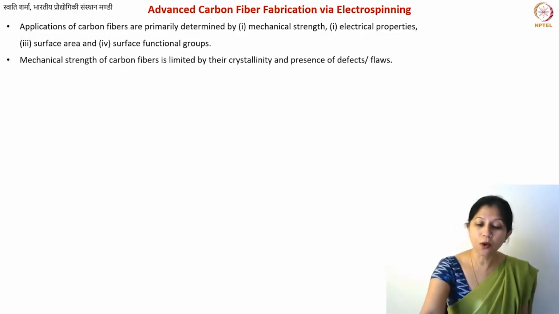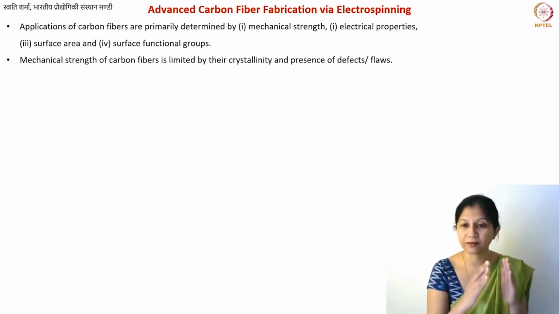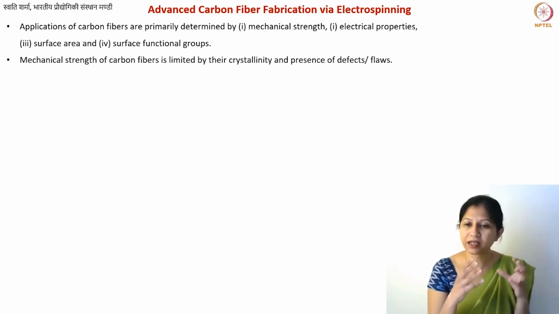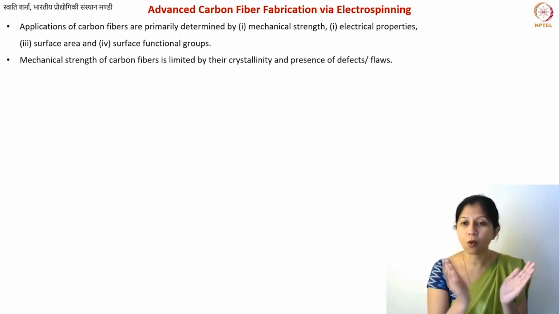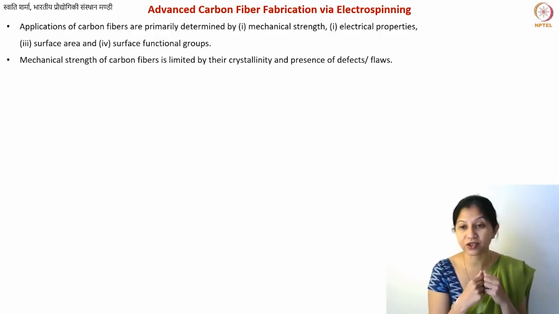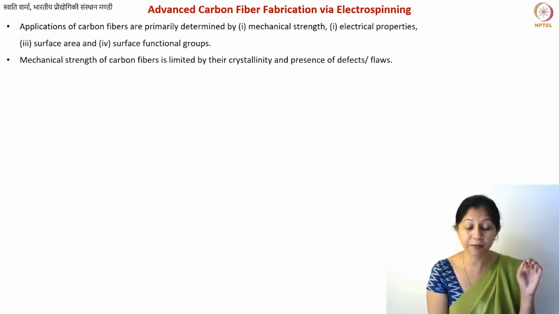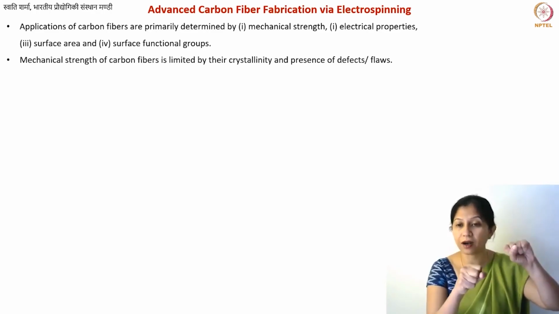Okay, so these defects or voids, we also call them flaws, because defect is something we typically talk about at the atomic level, but here we are talking about larger voids or regions of non-crystalline material. These can limit the mechanical strength of your carbon fibers, because this is where you have slippage.